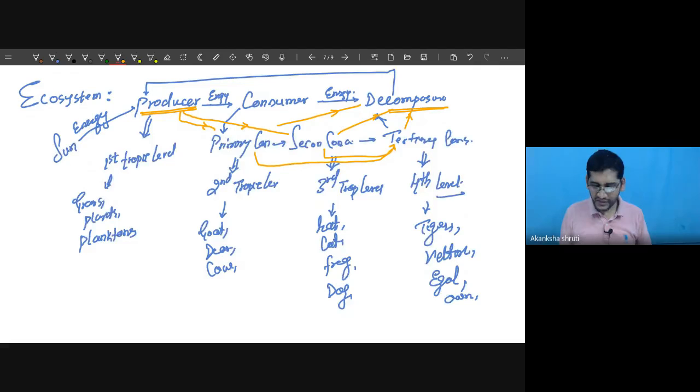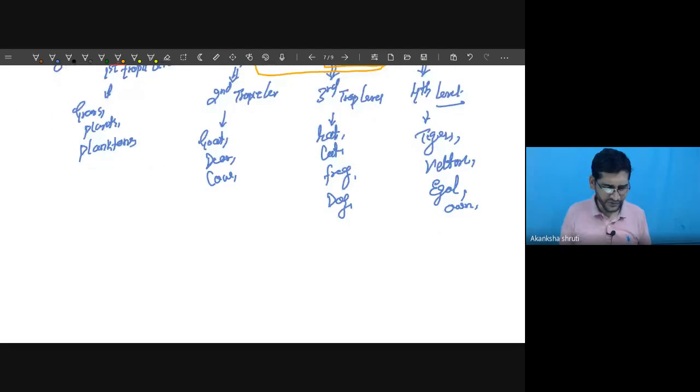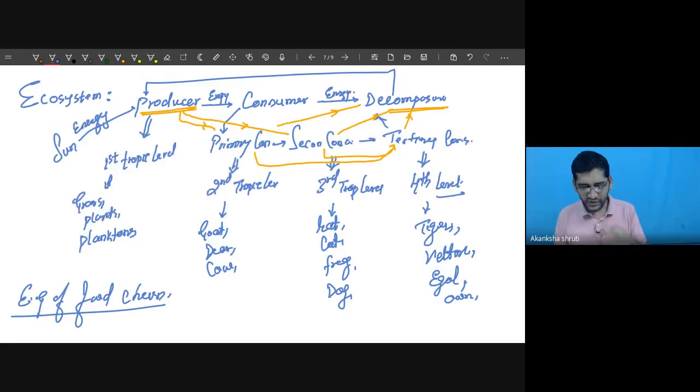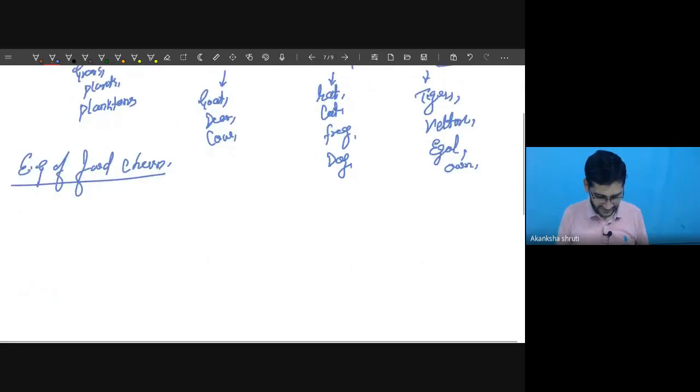So let us first write a few food chains. Example of food chain. What we have to do? We have to connect one to another. Yes, tell me. The first, what can we take? The grass.